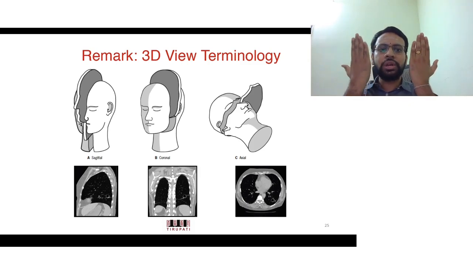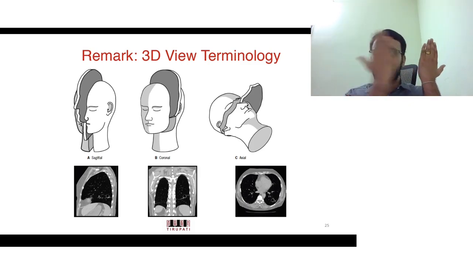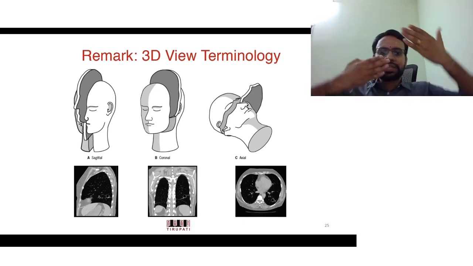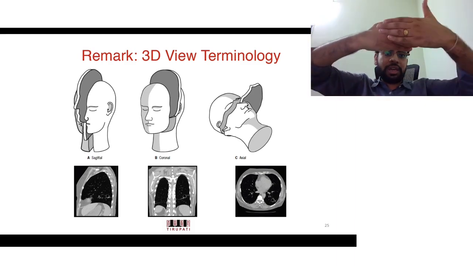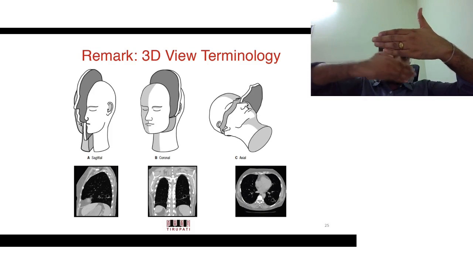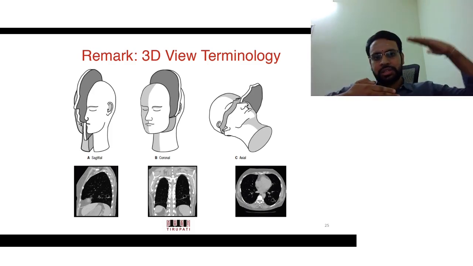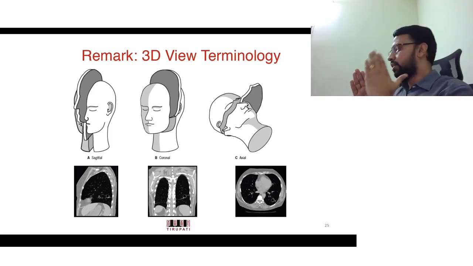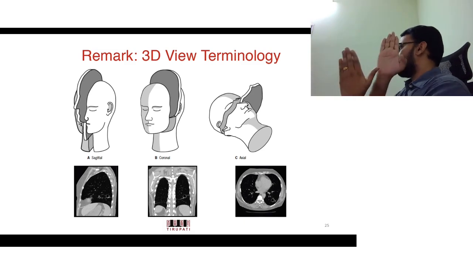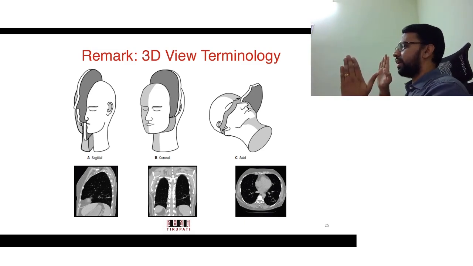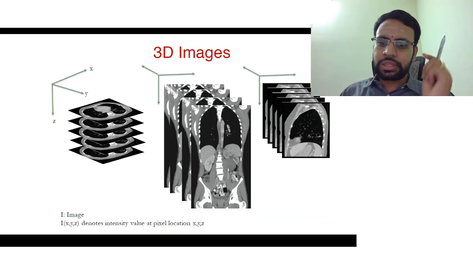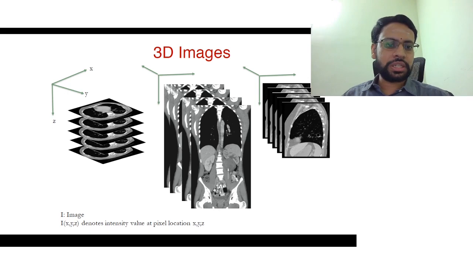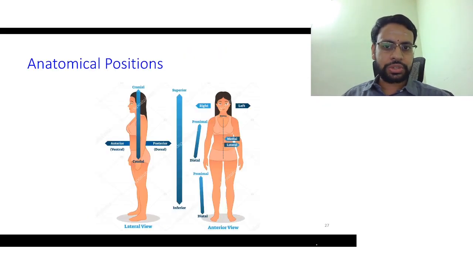Coronal is when you are looking in this direction, so you are looking at slices in this direction. If you are slicing me in this direction, as you could see in those images, this is coronal, this is axial, and this is sagittal. If you are looking from here, moving away, then that is sagittal. These are the three orientations in which you would be looking at images. This is, for example, images in these three orientations.